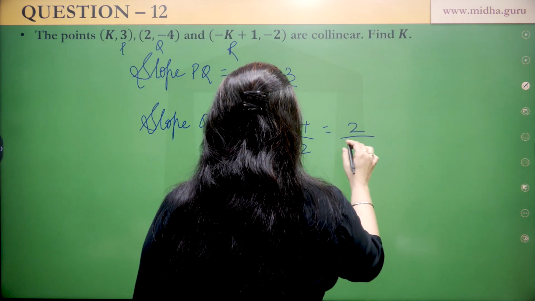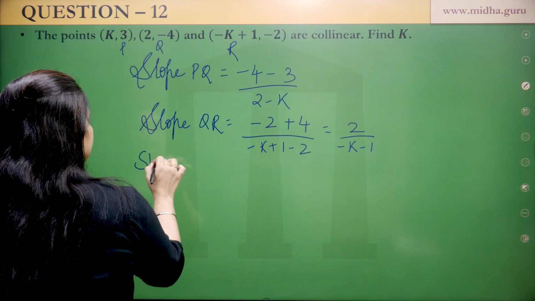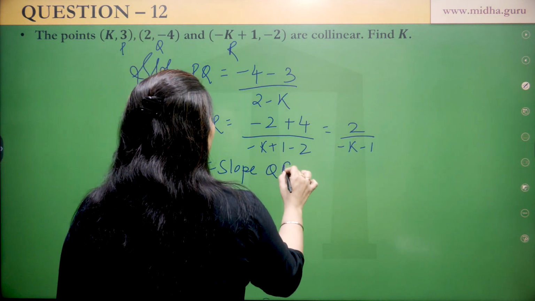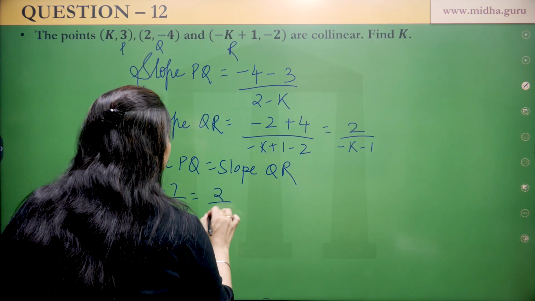So it will be 2 by minus K minus 1. Now the PQ slope is equal to the QR slope, because they are collinear. So we are going to equate them and find the value of K.